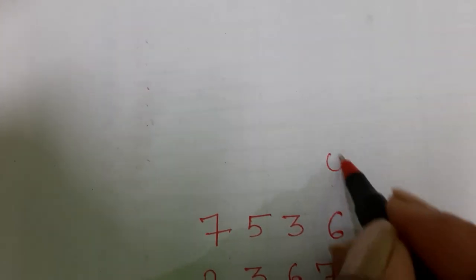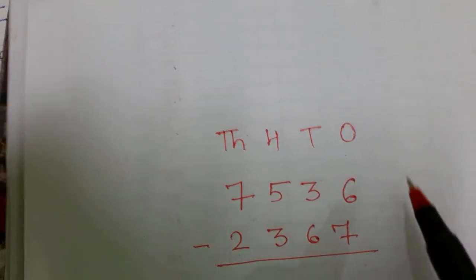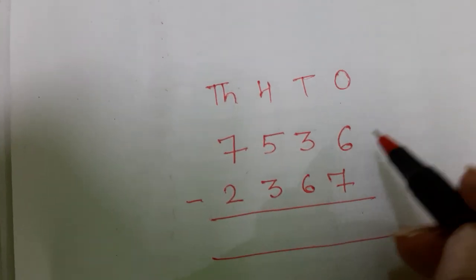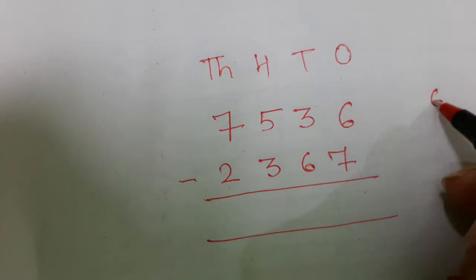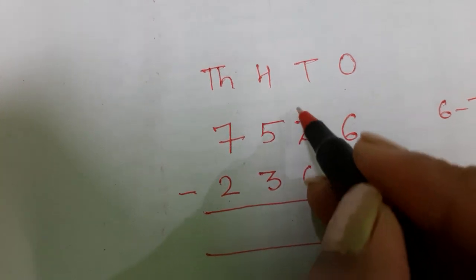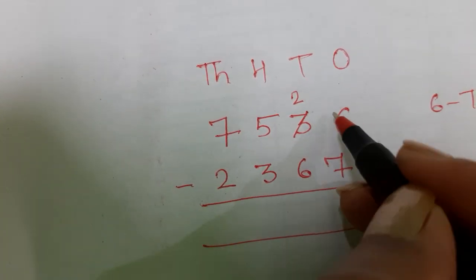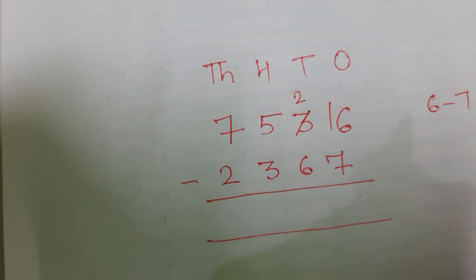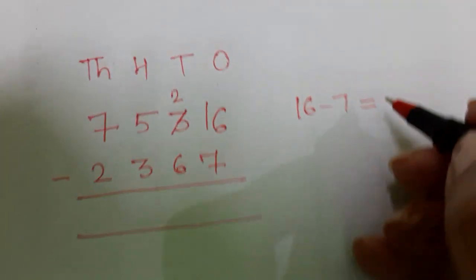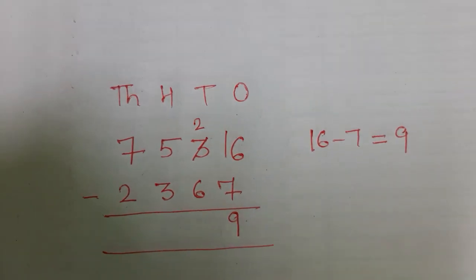First write down its places: ones, tens, hundreds, thousands. Now see, because 6 is smaller than 7, 6 minus 7 is not possible. So we will borrow 1 from here. So 2 will be left here, and 1 ten, when it goes to the ones place, will become 16. So now it is easier for us to do. 16 minus 7 is equal to 9. So write 9 over here.